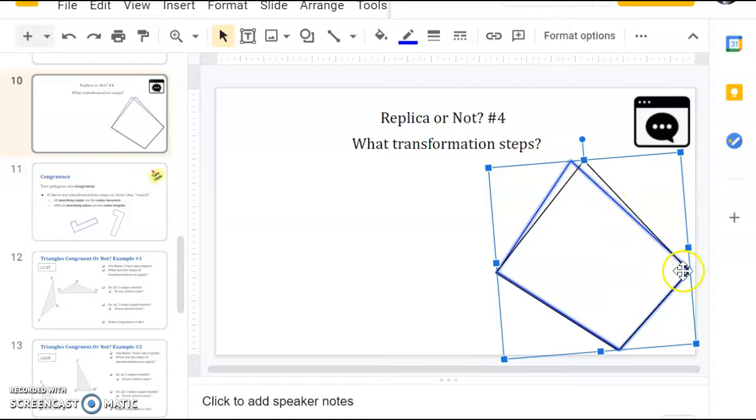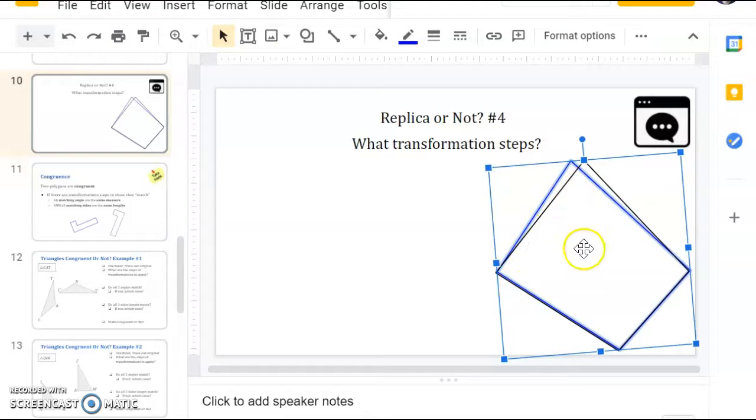But the blue angle and the black figure angle here do not match. They are close, but the black line is a little bit bigger than the blue, and the black angle is a little smaller than the blue angle.